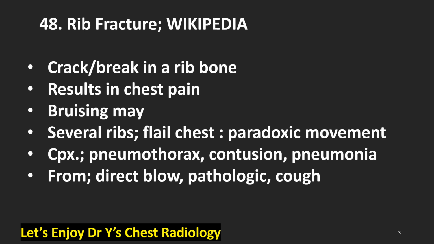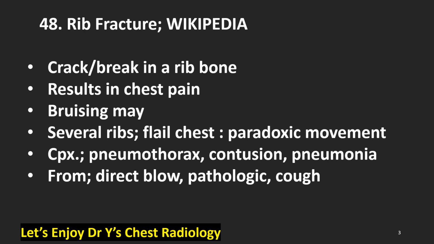Wikipedia of English version defines the rib fracture as a crack or break in a rib bone. That rib fracture usually results in chest pain. Sometimes bruising may occur. If two or more points of a single rib is broken, that becomes flail, movable chest.